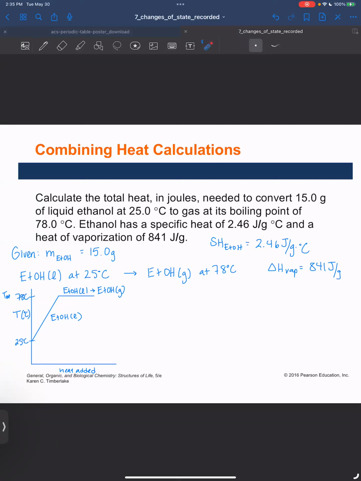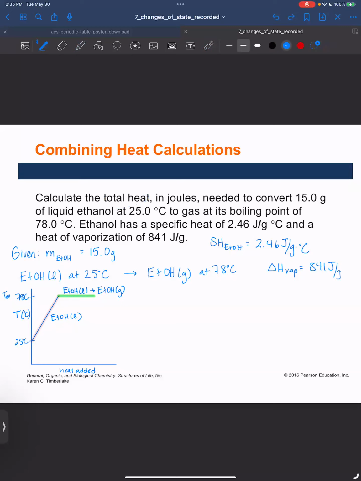Anytime you're working with a heating curve or a cooling curve, you're going to do different calculations if you're going to combine them. We want to find the total amount of energy to do both of these, but calculating the heat energy to heat up the ethanol is a different calculation versus the heat energy required to boil it to a gas. So there's two different calculations, and what we need to find is the total heat energy.